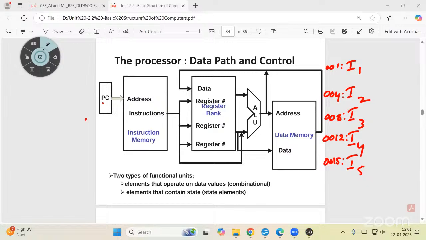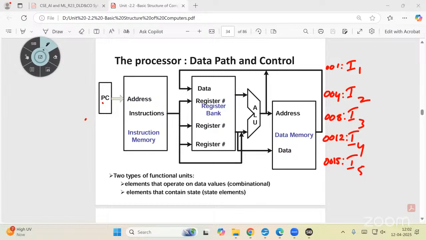PC stands for processor... processing control.